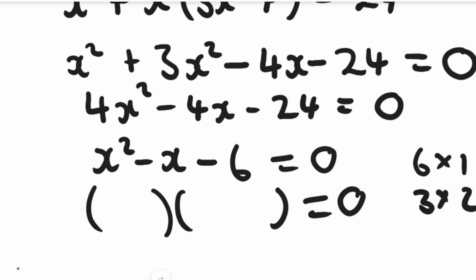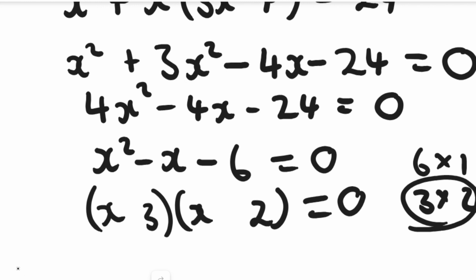Which ones, when we subtract, do we get 1? This group here. So we write our x and 3, our x and 2 there. Since the signs are not the same because of the negative sign, the bigger magnitude receives the sign of the middle term. So 3 will receive the negative sign, and 2 receives a positive sign.